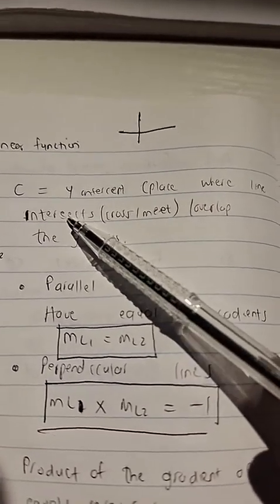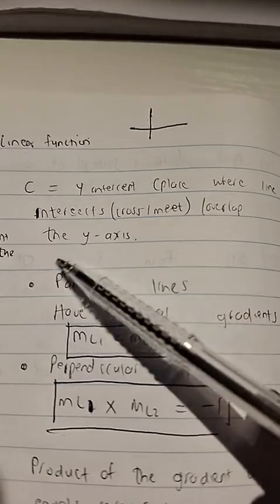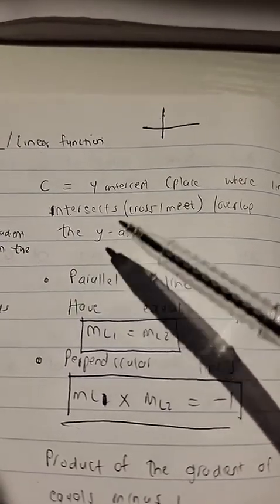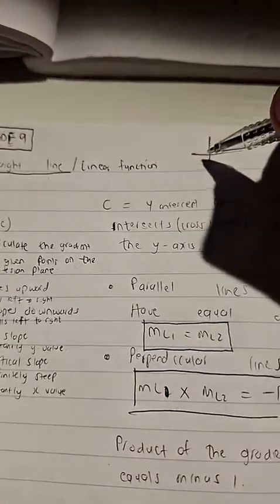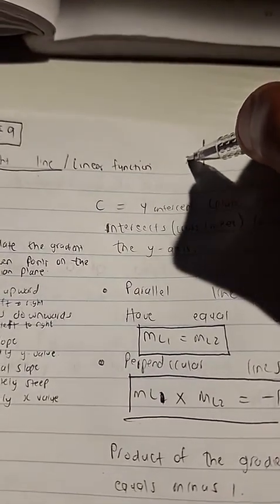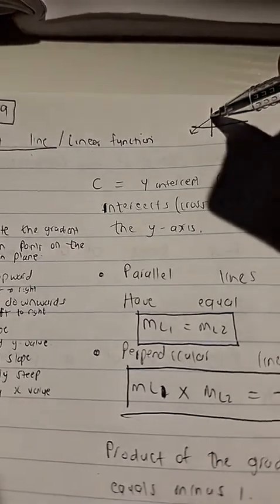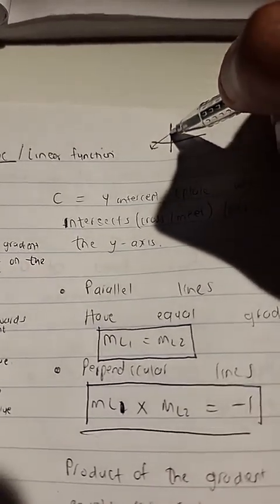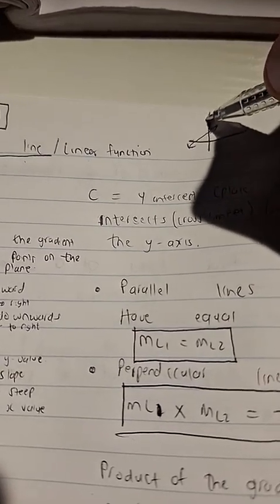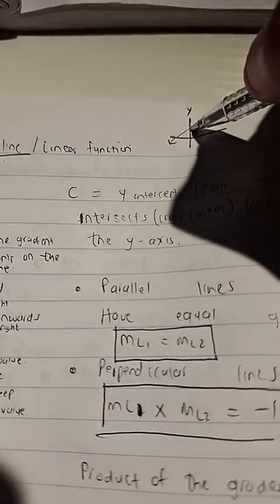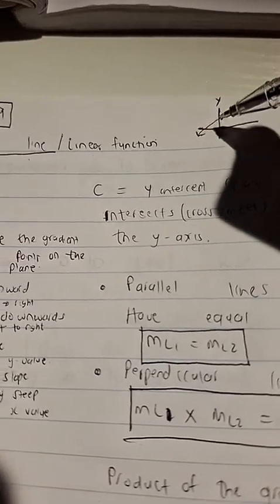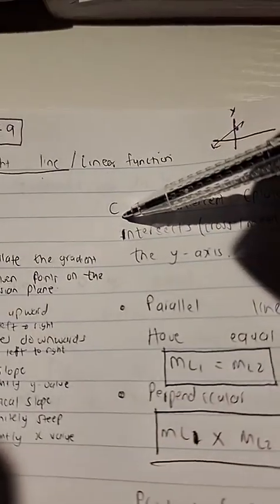In other words, where it will cross, meet, or overlap the y-axis. Okay, if, let's say for instance, we drew a straight line like that, it will overlap or cut the y-axis. All right, and where it cuts the y-axis, that is our c value right there.